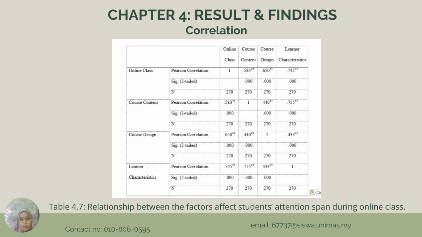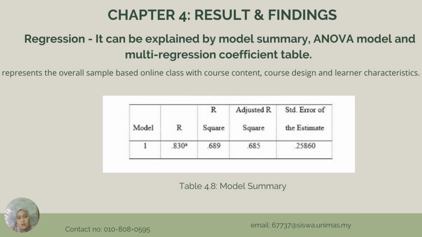The results show course content R is 0.583, P is 0, course design is 0.65, P is 0, and learner characteristic R is 0.745, P is 0, has significant value of 0, which is below 0.05. Thus, there is a significant relationship between the factors affecting students' attention span during online class.